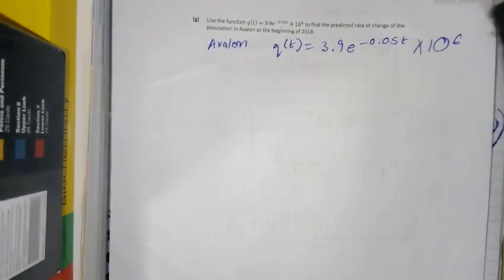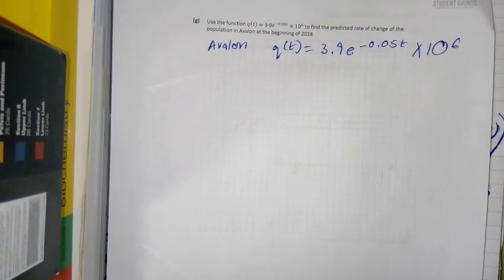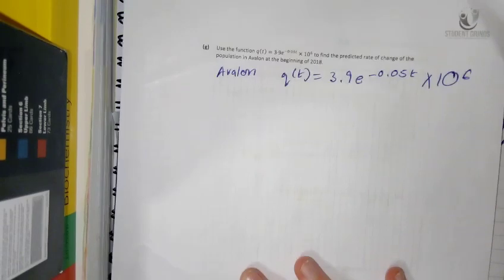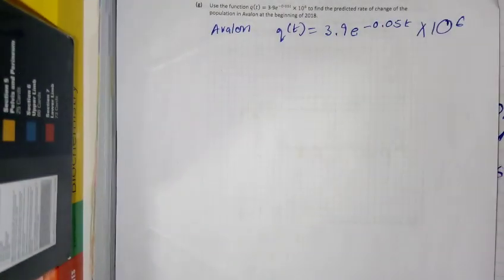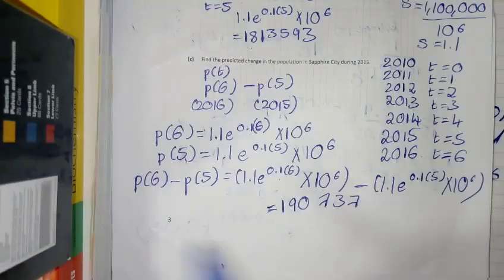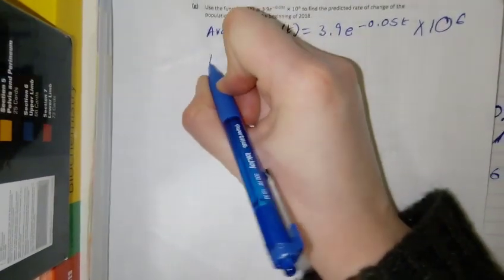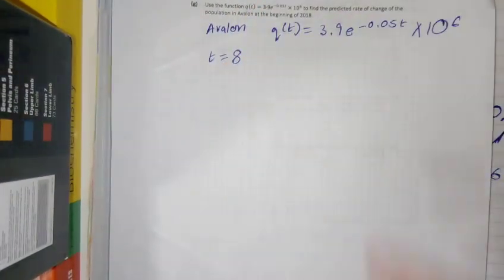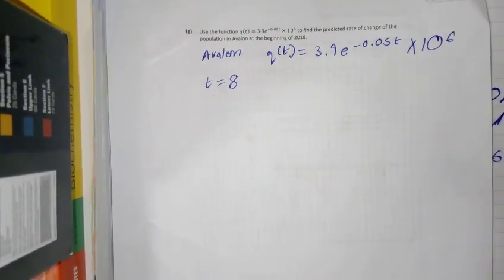We're trying to find the predicted rate of change. So for rate of change, we're going to have to use differentiation, at the beginning of 2018. If 2016 is t equals 6, 2018 is going to be t equals 8. So we have to differentiate this, and then evaluate at t equals 8.